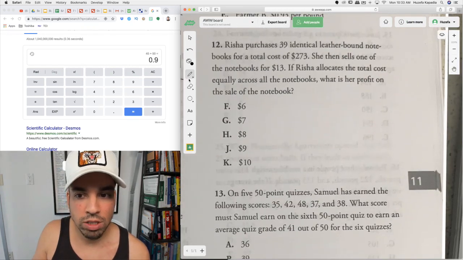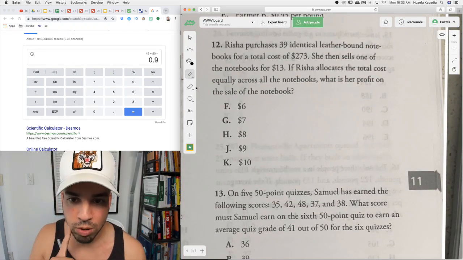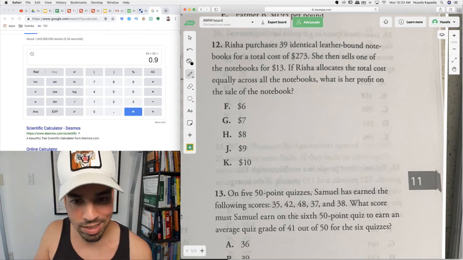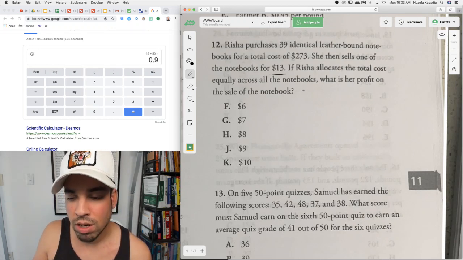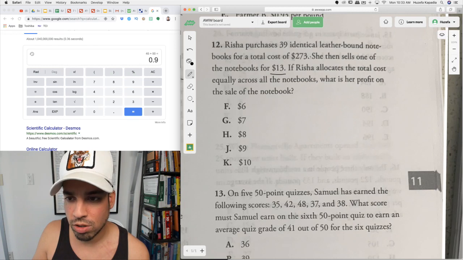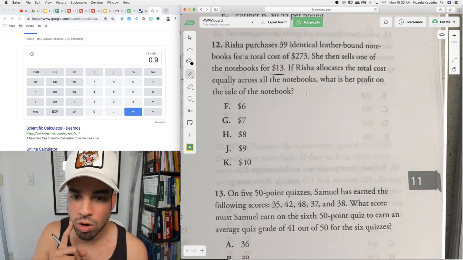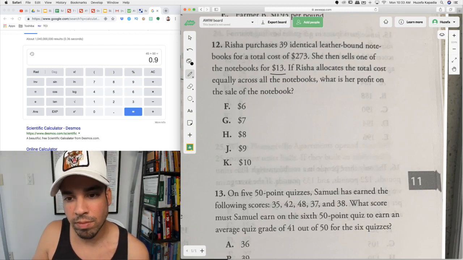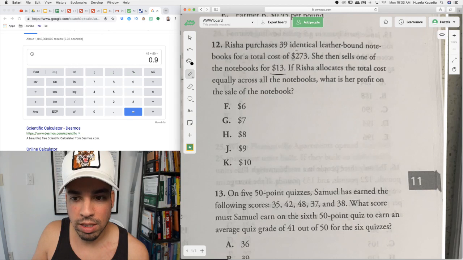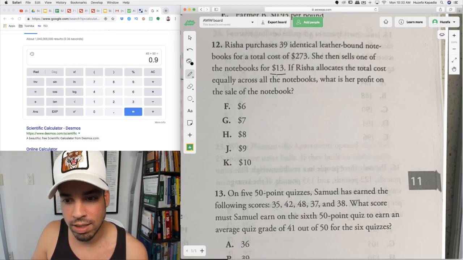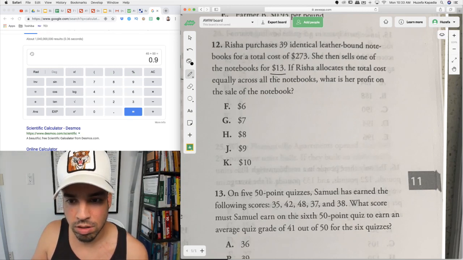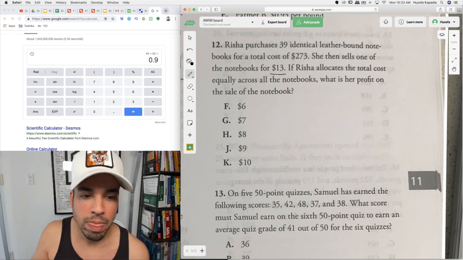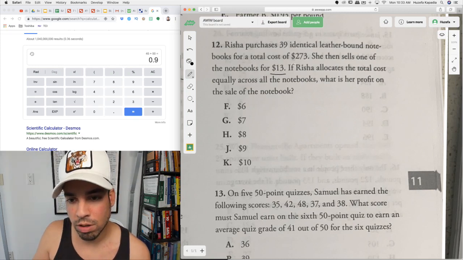Number 12. Risha purchases 39 identical leather-bound notebooks for a total cost of $273. She then sells one of the notebooks for $13. If Risha allocates the total cost equally across all the notebooks, what is her profit? So first, let's get the cost per notebook.